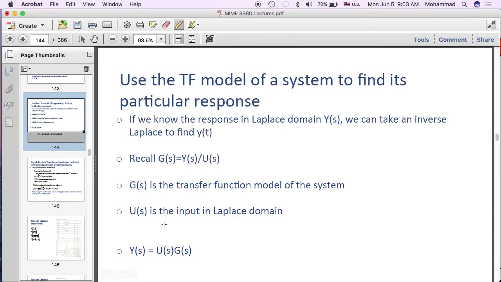And if I know the input in time domain, I can take my input into Laplace domain and therefore find Y(s) in Laplace domain. If I have Y(s), I can take inverse Laplace and find the response of the system.